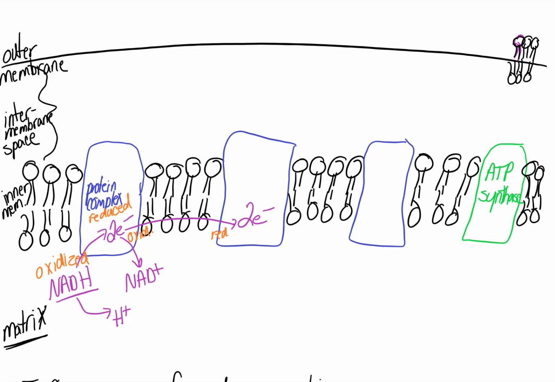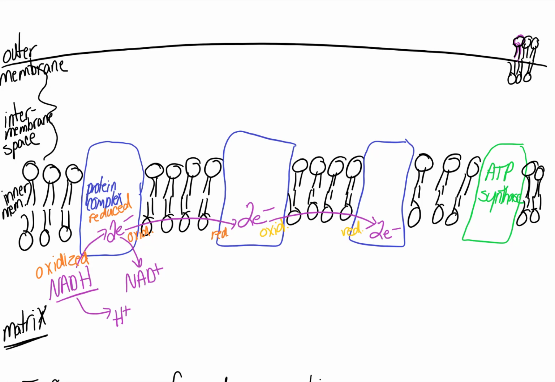These 2 electrons will continue to be passed down the electron transport chain, each time releasing energy, because a redox reaction has taken place. In this case, this protein complex is oxidized, and this protein complex is reduced.